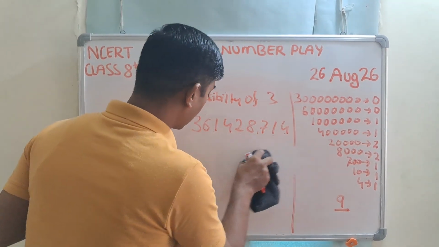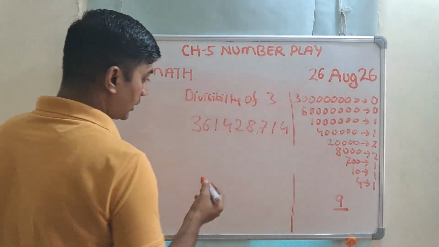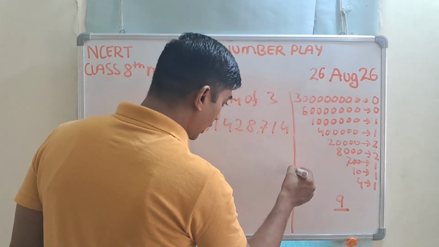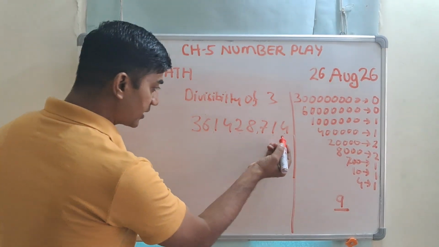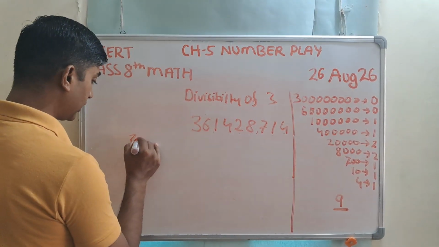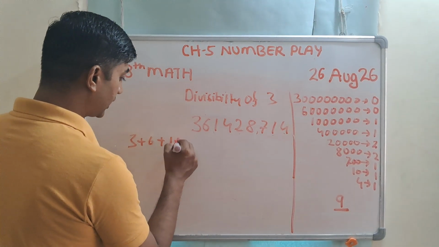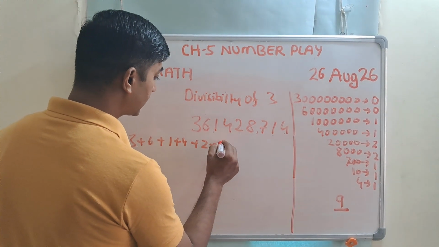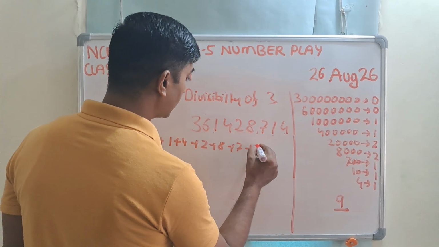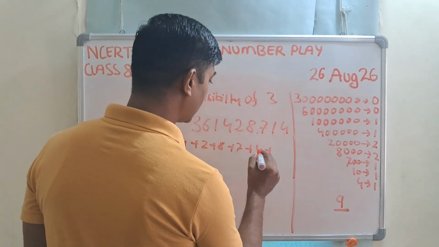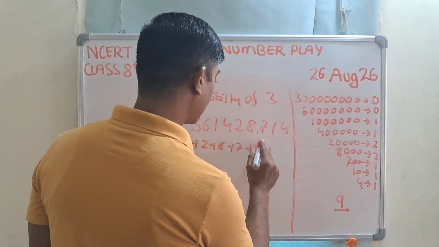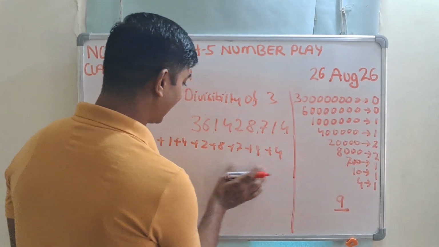So how will you do this if you consider this? Just add these numbers, 3 plus 6 plus 1 plus 4 plus 2 plus 8 plus 7 plus 1 plus 4. Just add these.